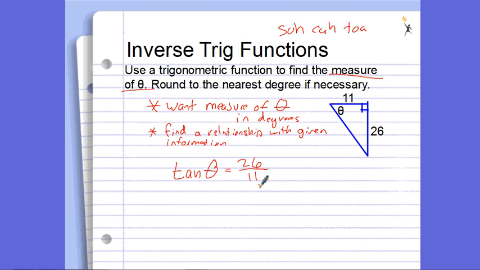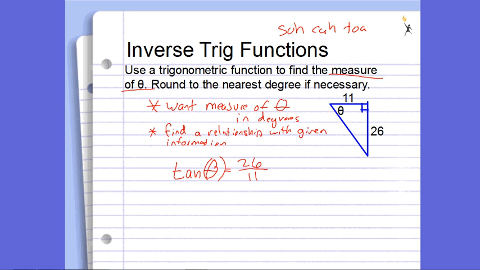So these are functions. These are trig functions. They are not multiplying. It's actually taking tangent of something. So the way you get rid of sine, cosine, or tangent, the way you get rid of functions, is not by simply dividing. What you're going to do is take what we call the inverse function. So here's what I want to do.